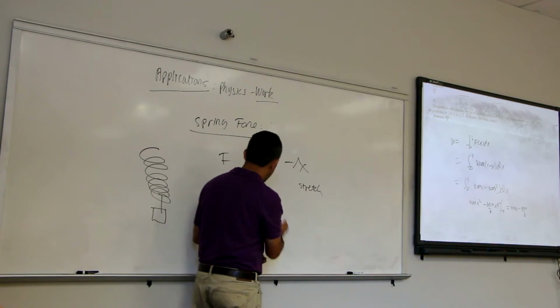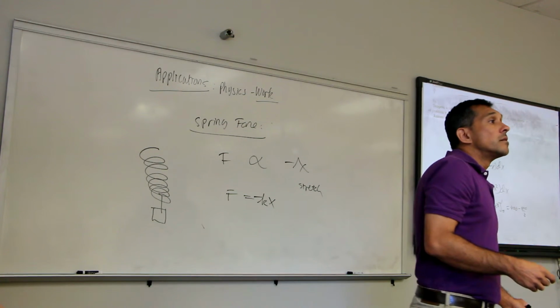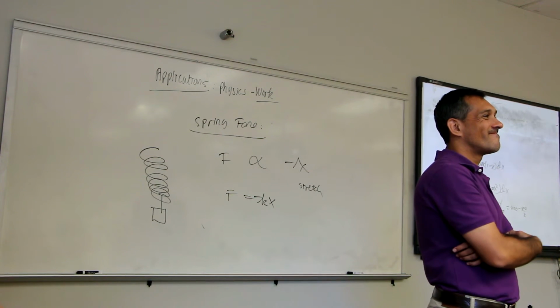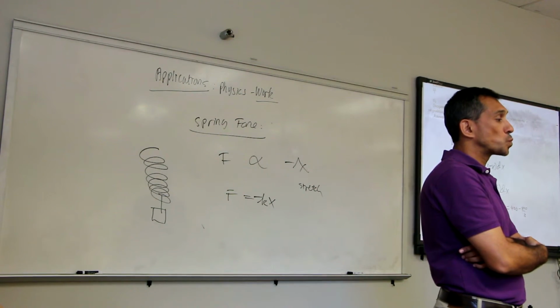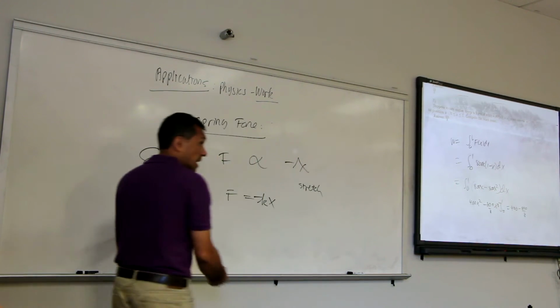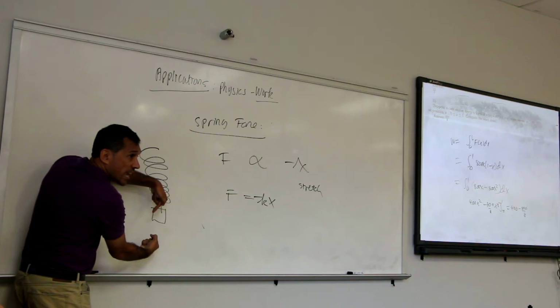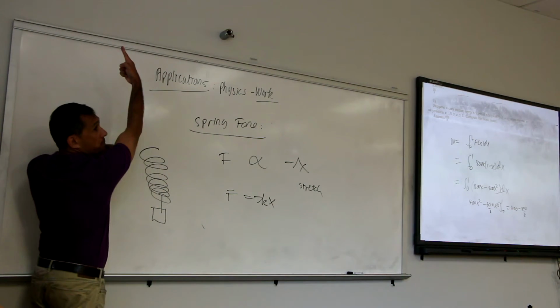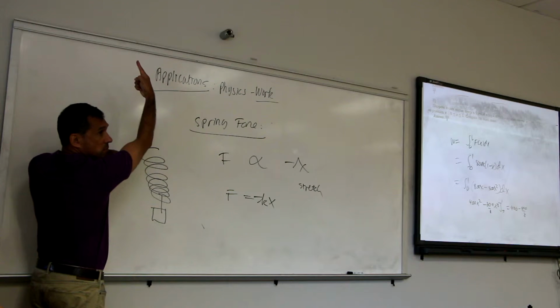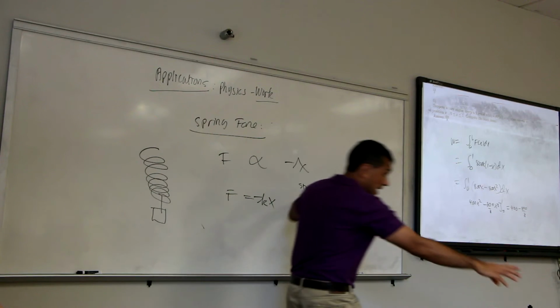Why do it like that? Well, it has to do with forces. If you apply a force down, and this is positive x, it wants to accelerate up. So that's why the force is negative, if your k is positive.